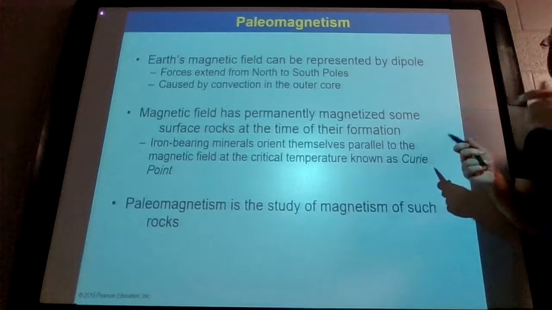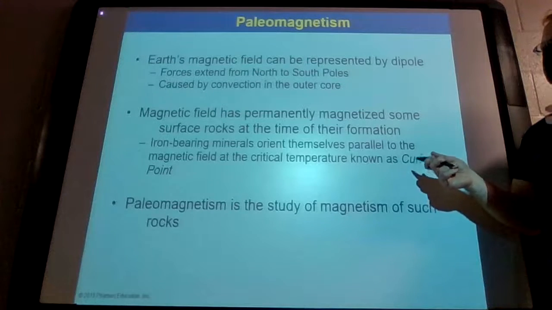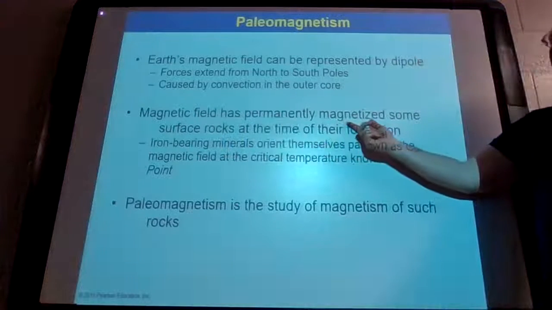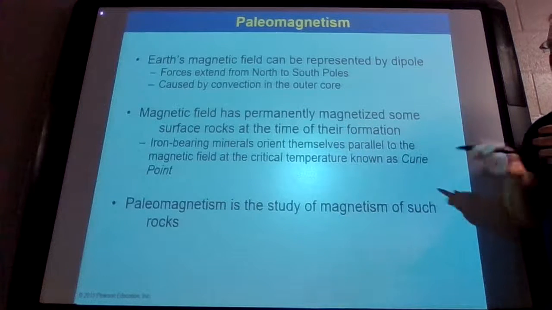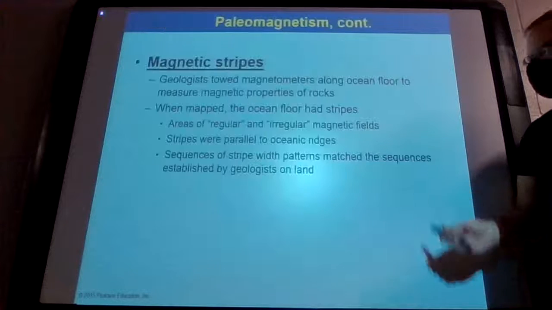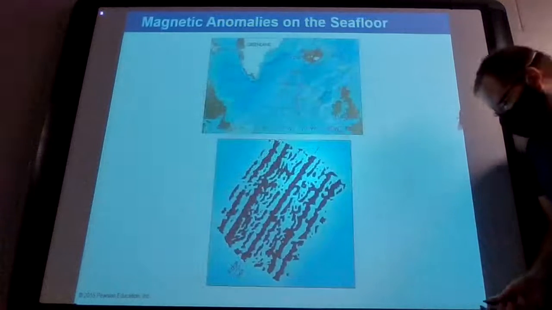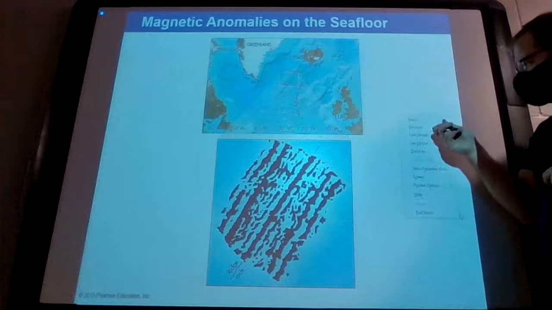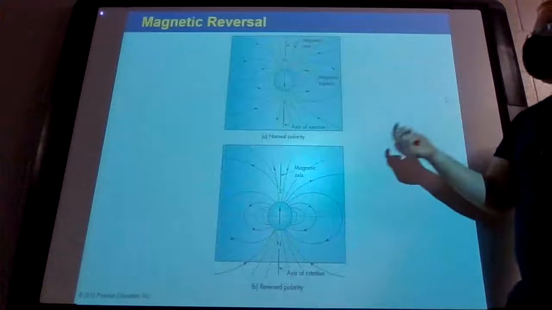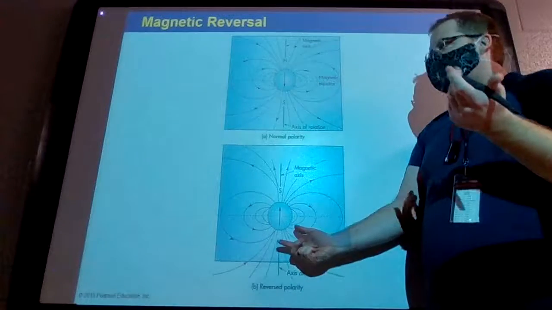One of the other things they discovered while looking at that mid-ocean ridge is that the magnetic field has been recorded in the rocks, and that it flips back and forth. Let me go back 2 slides. So we have the Earth's magnetic field just like this.